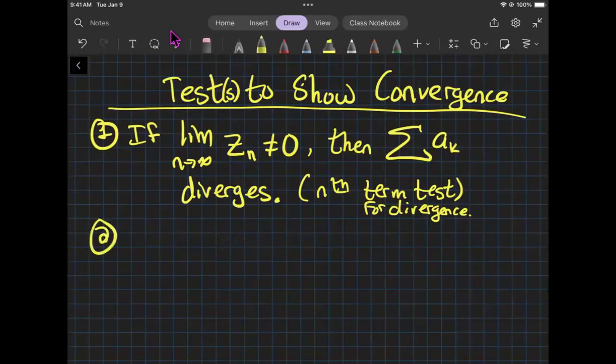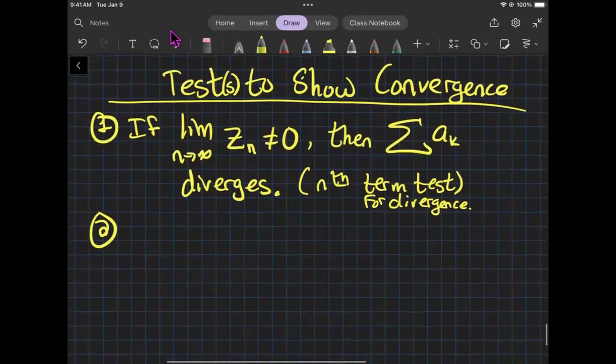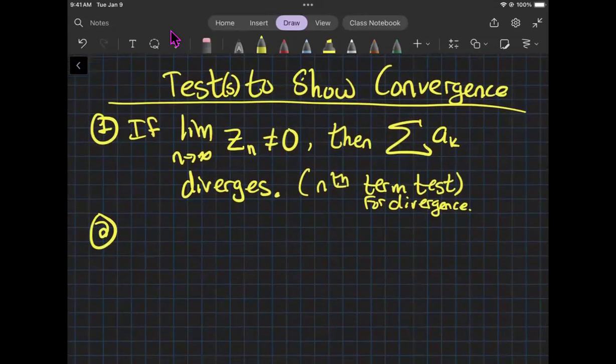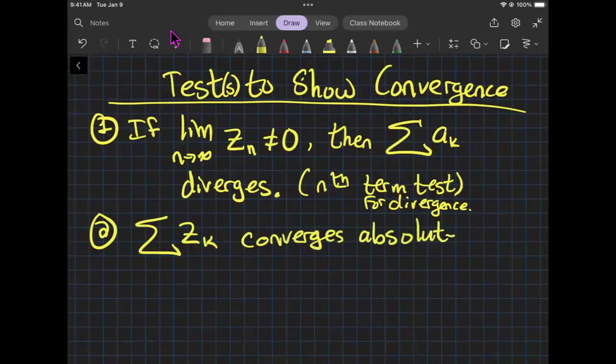The second one: these tests have to do with absolute convergence or divergence. The series of z sub k converges absolutely if the series of the absolute value of z sub k converges.